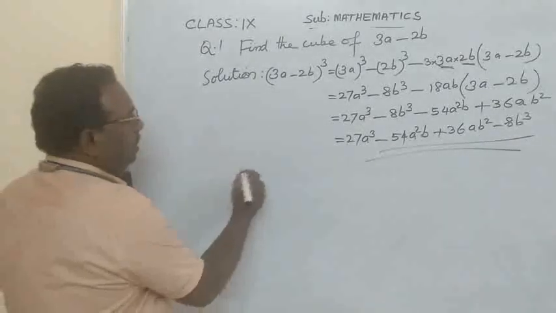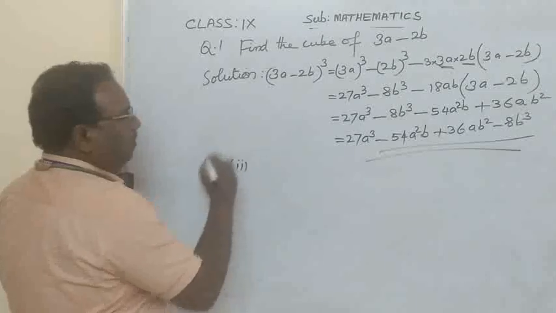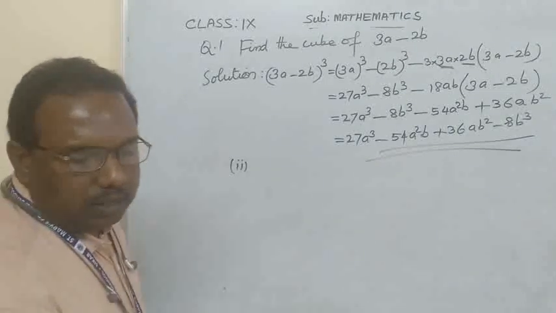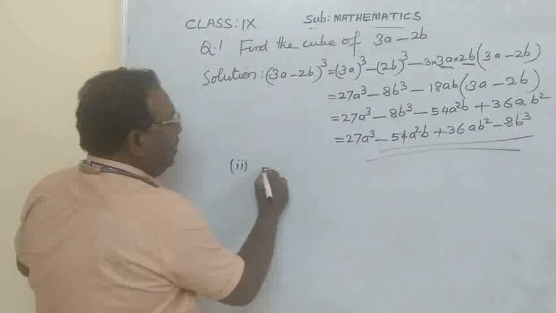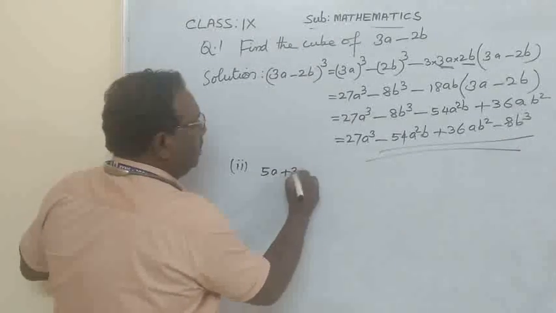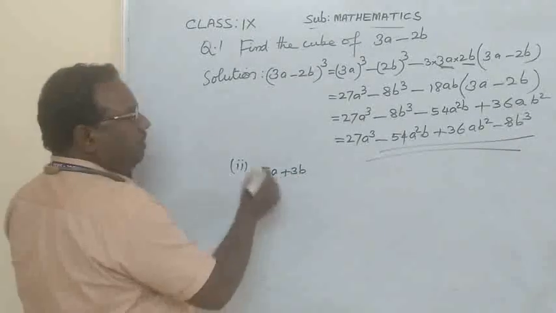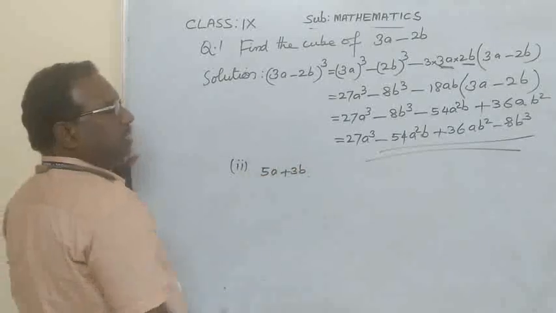Let's go to the second question. Find the cube of 5a plus 3b.